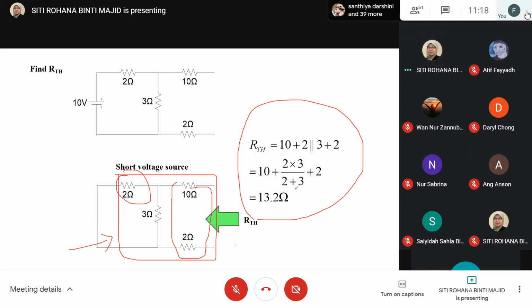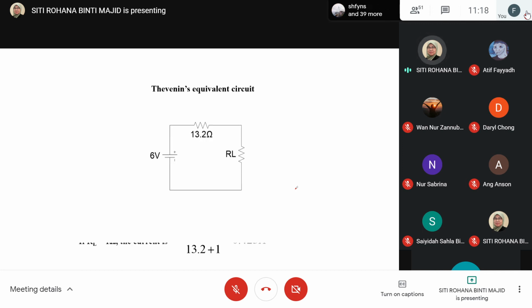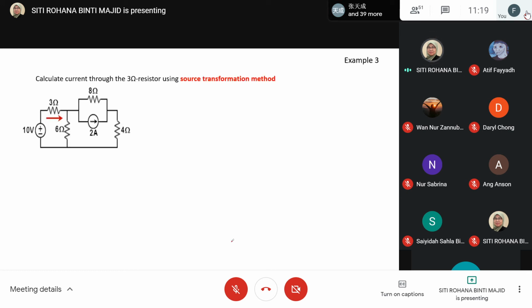So from this RTH we can define the equivalent circuit like this. And if, let's say, RL is set to 1 ohm, then we can get the current value as 0.42.